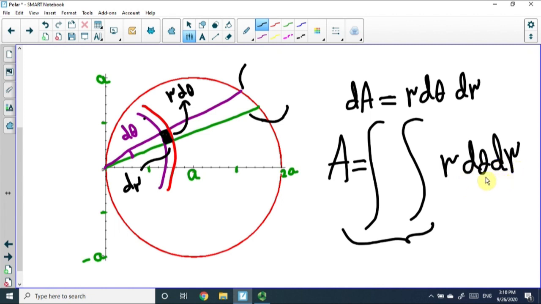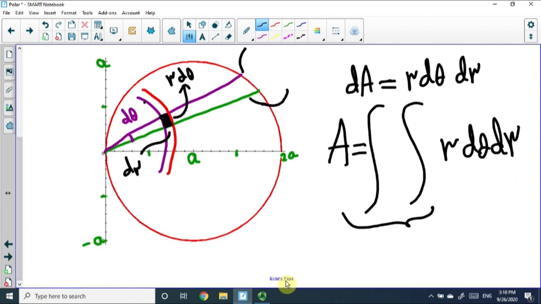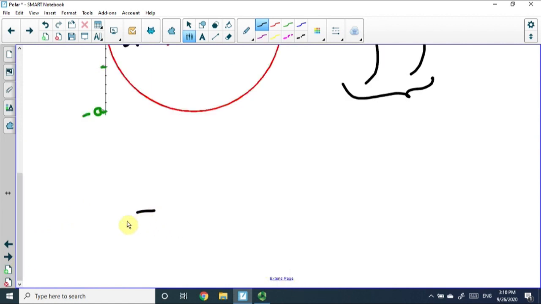Now in general you can do any order you want. However, sometimes one order is easier than the other. So it depends on the problem. And for this problem, probably I would choose dr. And I will leave it to you to change the order and to try to find it in a different order. So let's find the area.